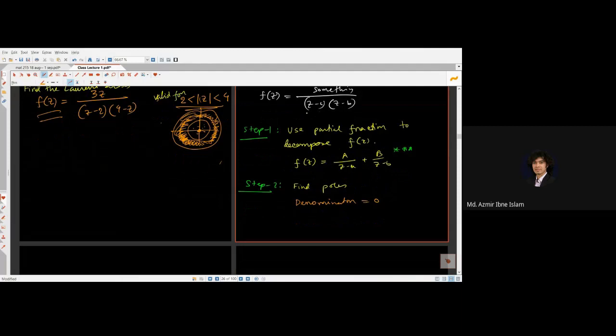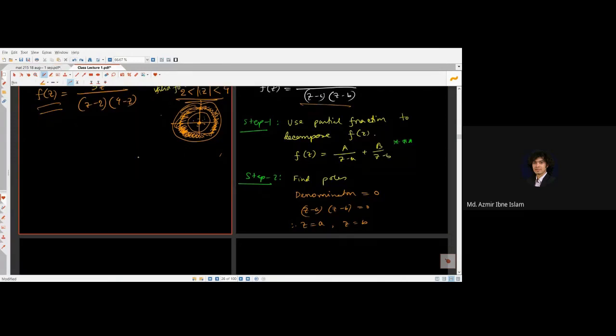Let's say we have (z minus a)(z minus b) equal to 0. So we will get z equal to a and z equal to b as our poles, right? Or we can say these are the singularities or singular points where the function is not analytic. At 2 and at 4, the function is not analytic. So that's why these are called poles.